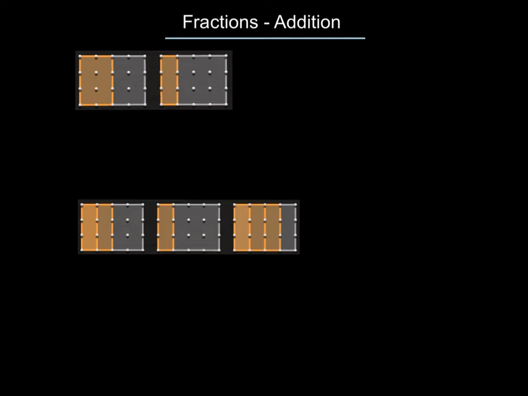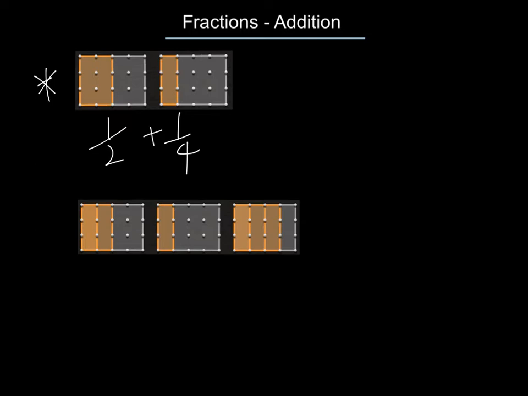So now I'm going to look at adding fractions. So let's have a look at the first part at the top of the page. I've got 2 cakes. One's representing a half and the other one's representing a quarter. So that would be a half plus a quarter. Now the problem is both of the pieces are different sizes. You can't add fractions if the pieces are different sizes.